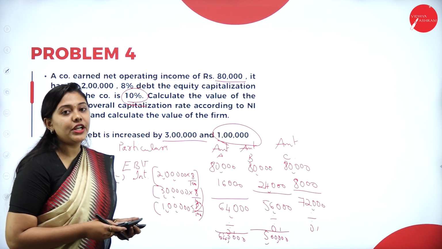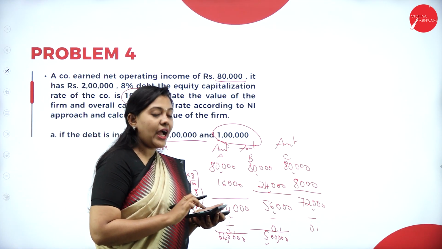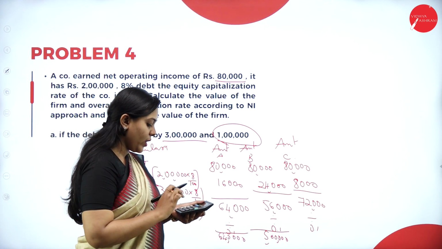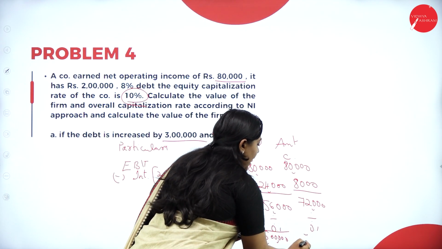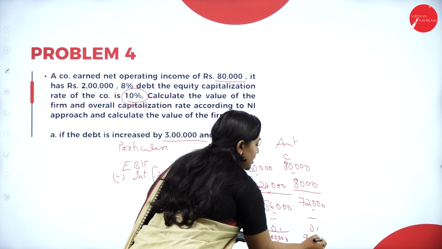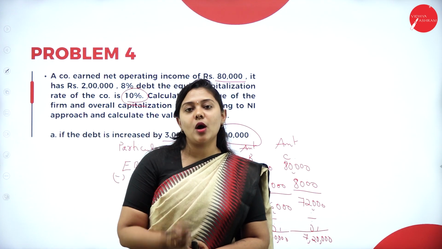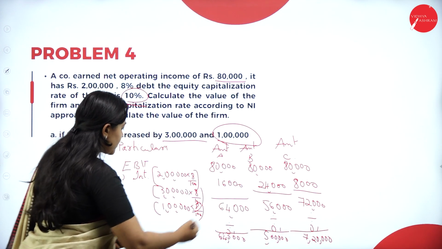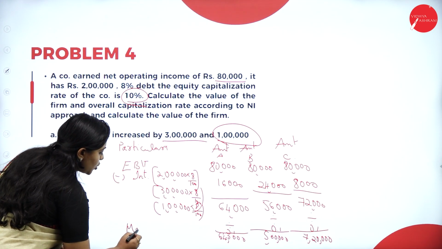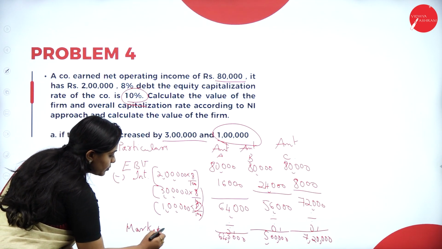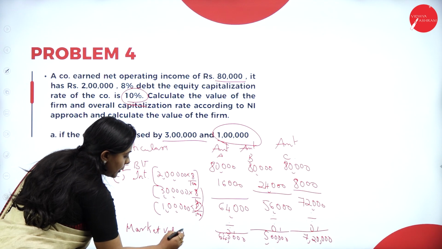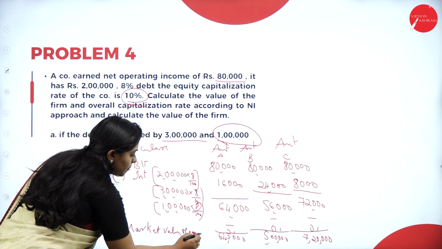Next, 72,000 divided by 0.1, it will be 7,20,000. So 7,20,000 will be the answer. So what is this? This is market value of equity. That is your E.